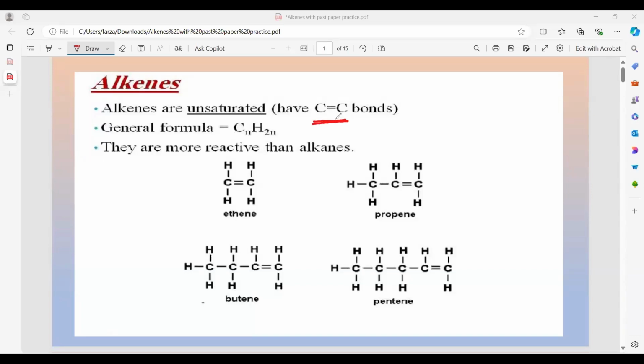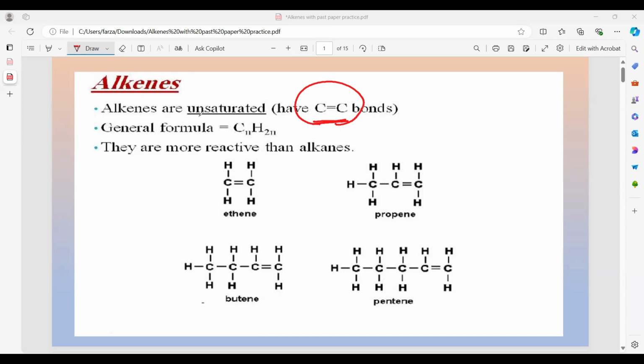This double bond allows very many reactions to take place. As a result, this makes alkenes more prone to reactions. So these double bonds break and react with other compounds to make alkanes, and thus you see that they are more reactive than alkanes.